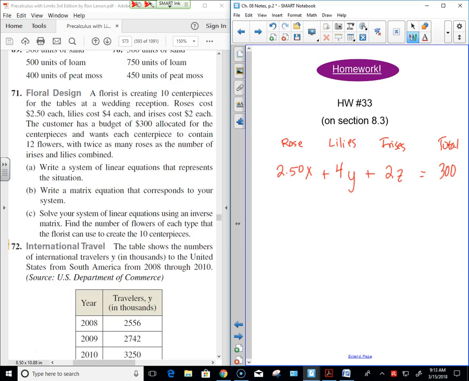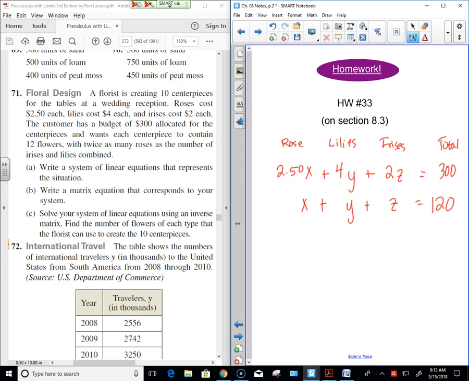Okay. So I need X plus Y plus Z to equal 120. I think that's the easiest way to do that.